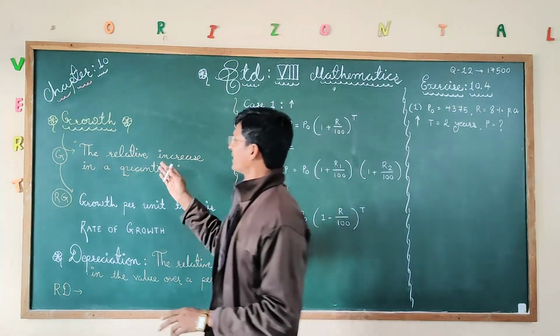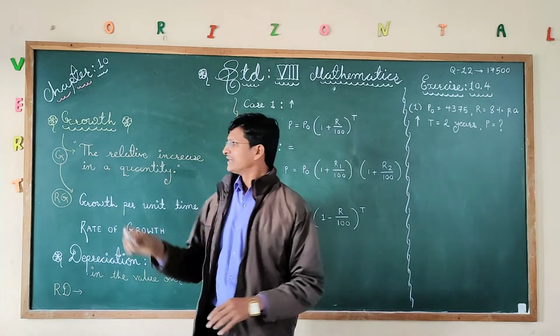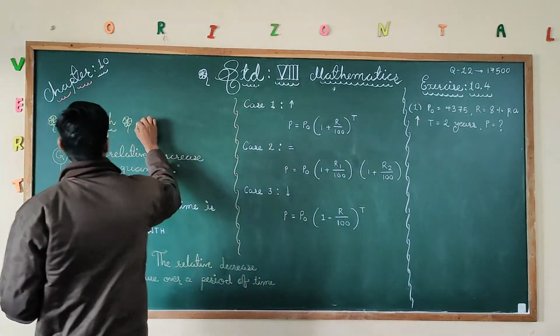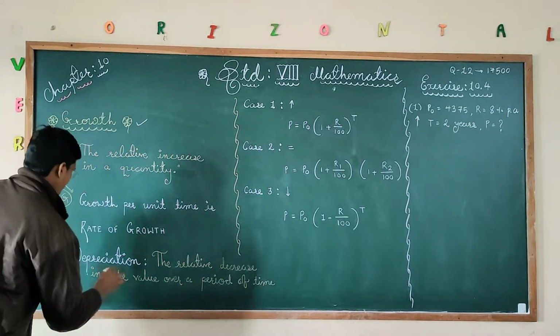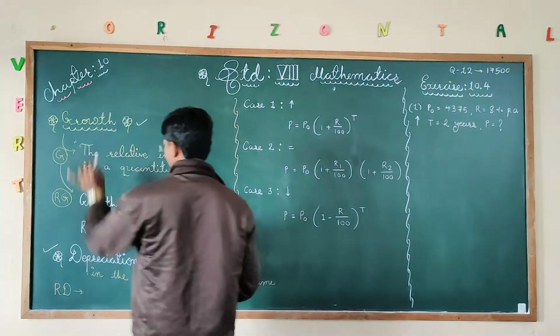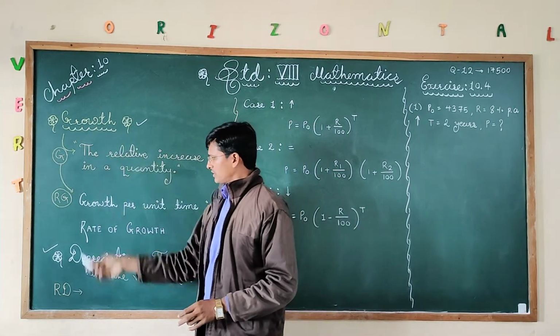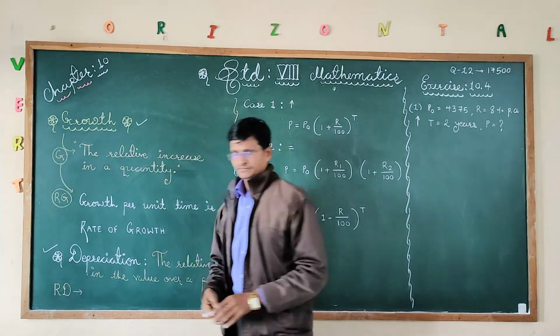So here I am going for the next important topic in this chapter, that is growth, and next is depreciation. These two important topics relate to mathematics in compound interest. What is growth and what is depreciation?